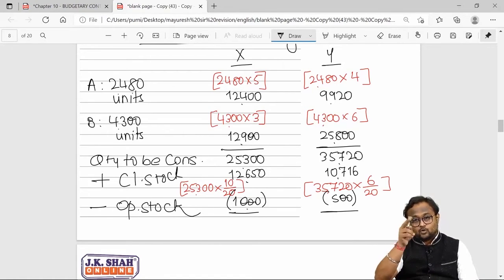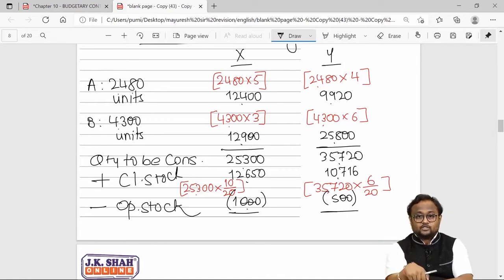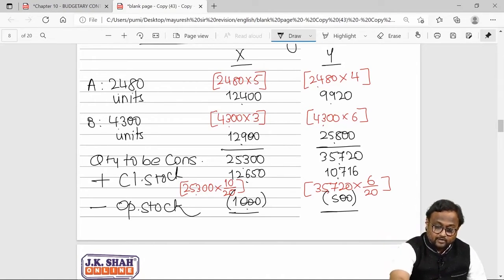Have you understood this? Your consumption is of 20 days. You want to maintain 10 days and 6 days consumption in the stock. Okay.